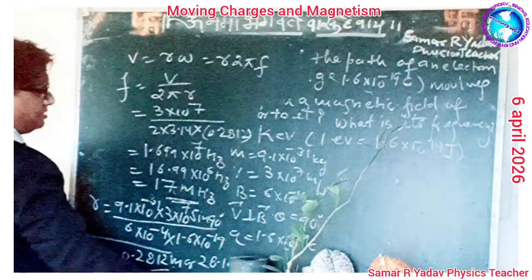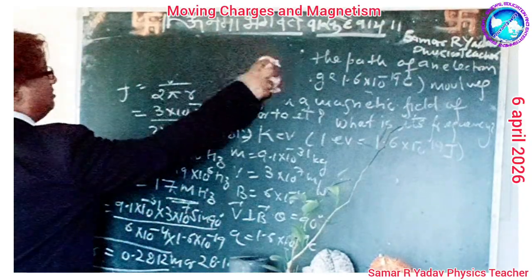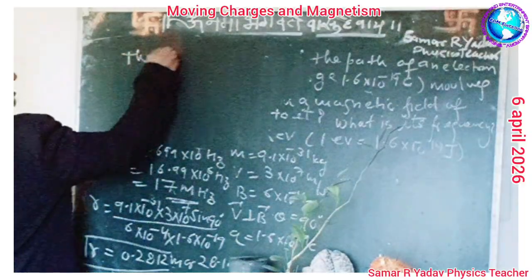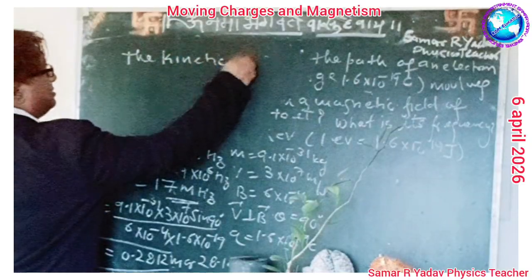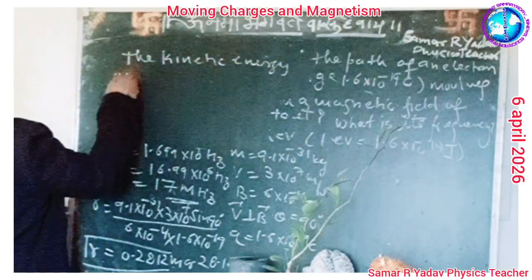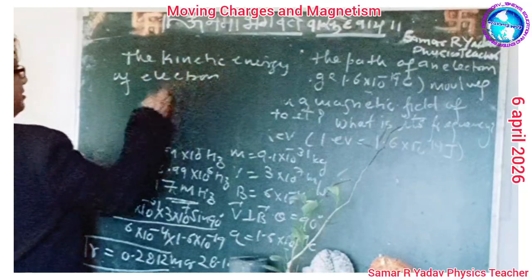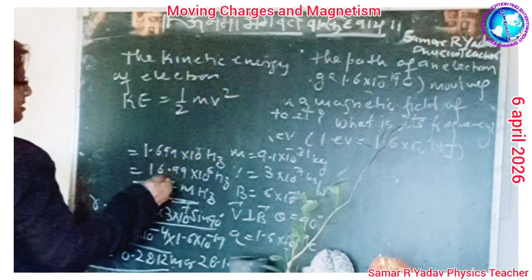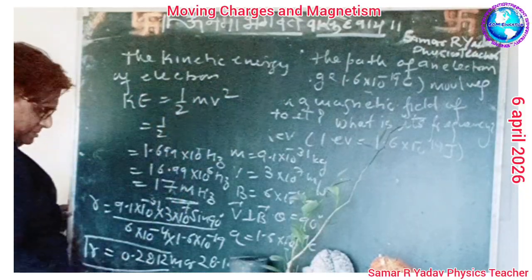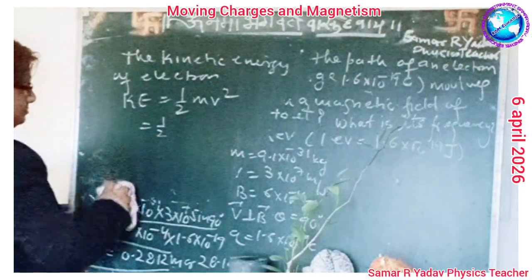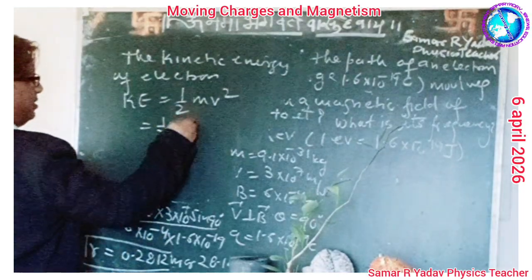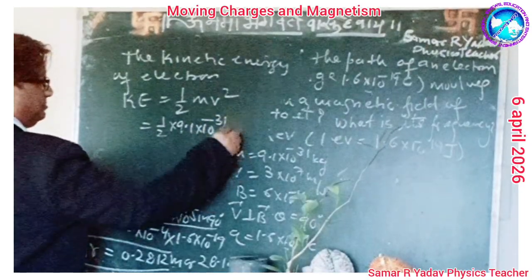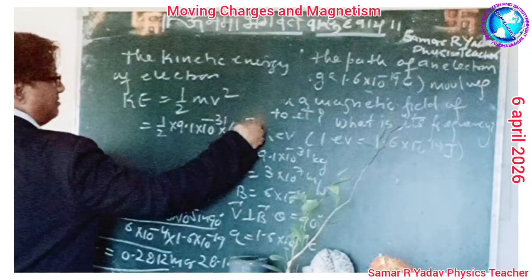Now we have to get the energy of this. We know the formula: energy is the kinetic energy of the electron, that is KE is equal to 1/2 mv square. Now keeping the values, 1/2, m means 9.1 into 10 to the power minus 31, into V, 3 into 10 to the power 7, whole square.